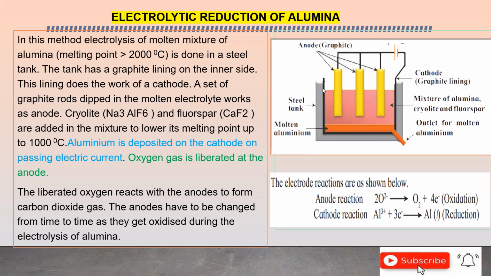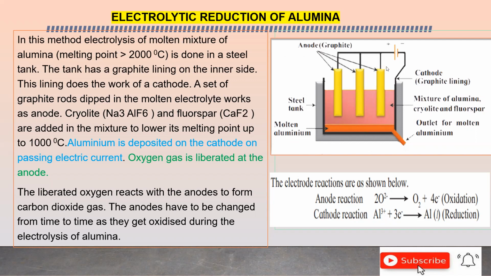Now, the melting point of alumina is greater than 2000 degrees Celsius. So, to reduce the melting point to 1000 degrees Celsius, cryolite and fluorospar are added to the mixture.